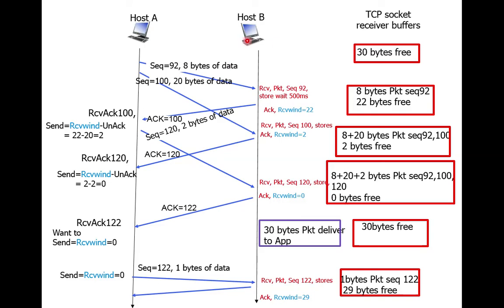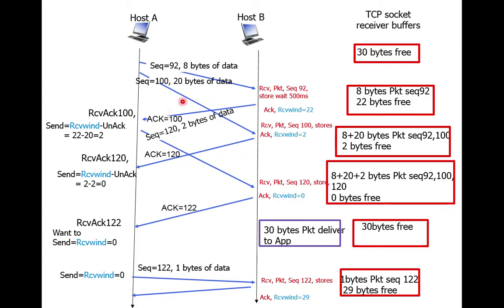Host B controls the sender by sending this free space, informing host A that at this moment it has 30 bytes free space in the receiver buffer. So host A will send at most 30 bytes of data, not more than 30 bytes. Host A is sending 2 packets of 8 bytes and 20 bytes, so it is 28 bytes, which can be accommodated here in the buffer space.